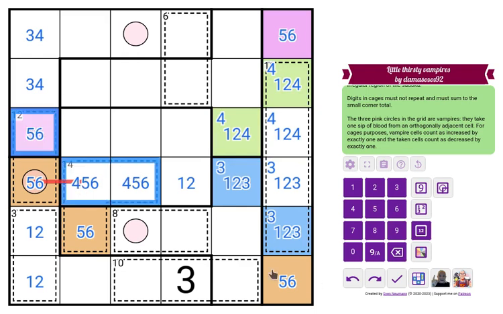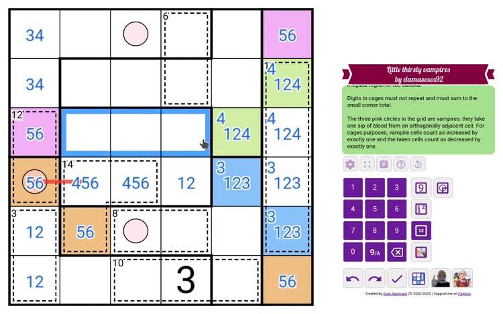This is the purple 5, 6. So we still have to place the purple 5, 6.